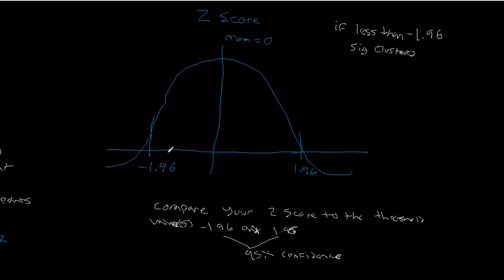Right, again, your z-score is less than the threshold for what would be considered significant. Right? If your z-score is more than 1.96, right, then you are significantly dispersed.